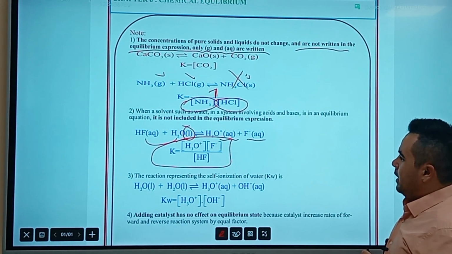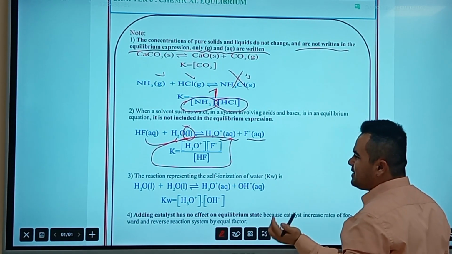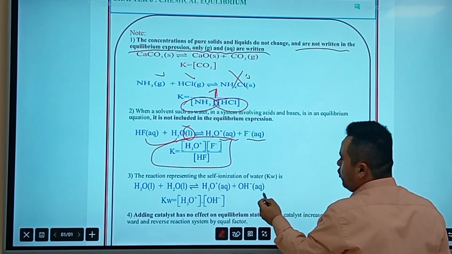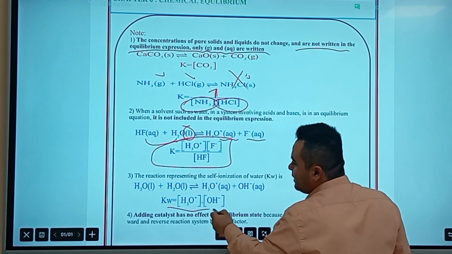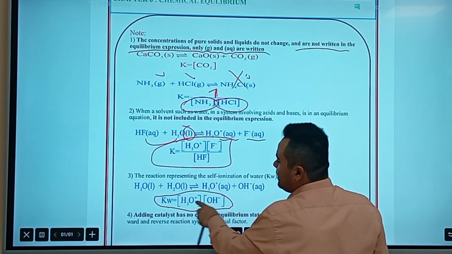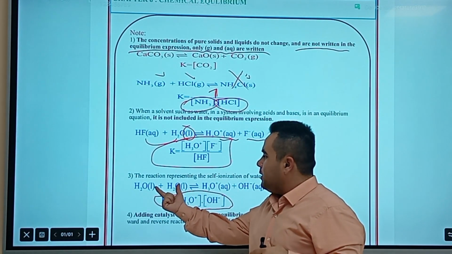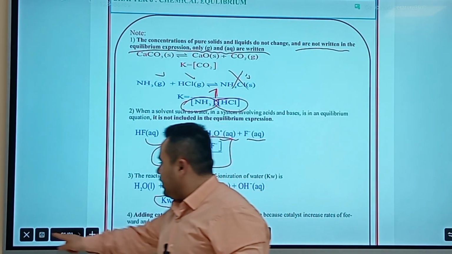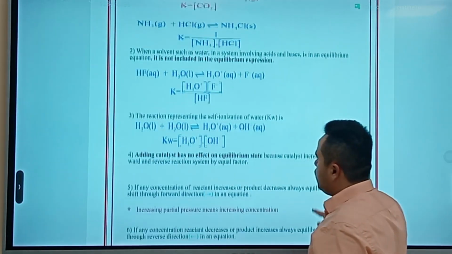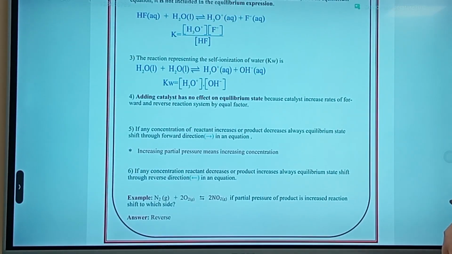The same for the reaction of Kw: when we write the Kw, we multiply the hydronium by the hydroxide. We do not include the H2O in the ionization constant of water as well.